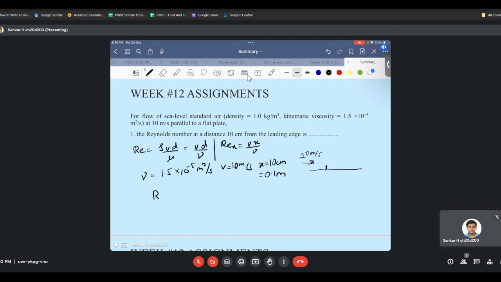So let's take a look at what Reynolds number we find here. It will be 10 into 0.1 by 1.5 into 10 raised to minus 5. We'll get this value as 66,666.67.